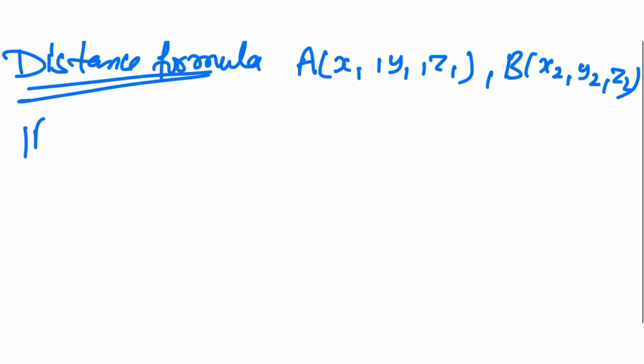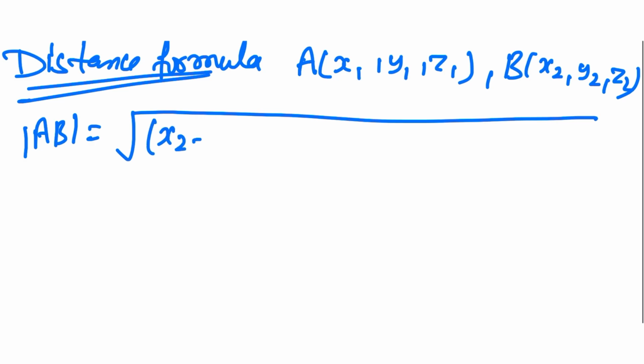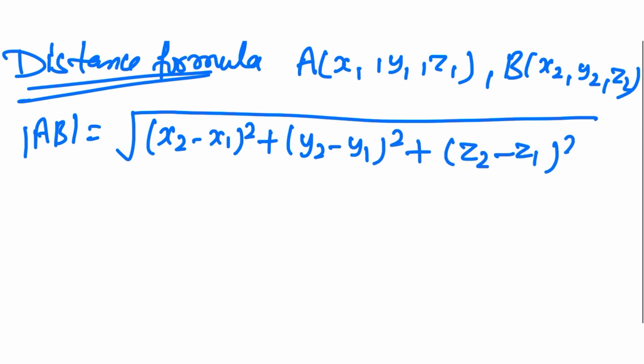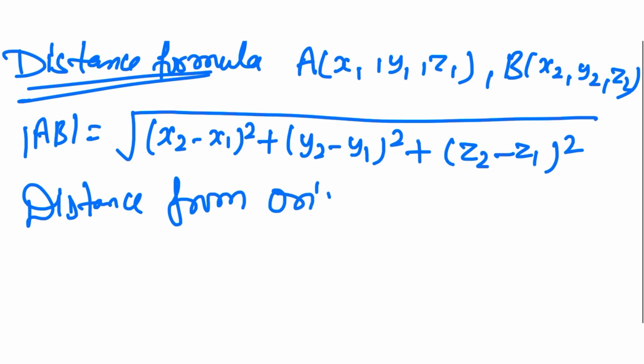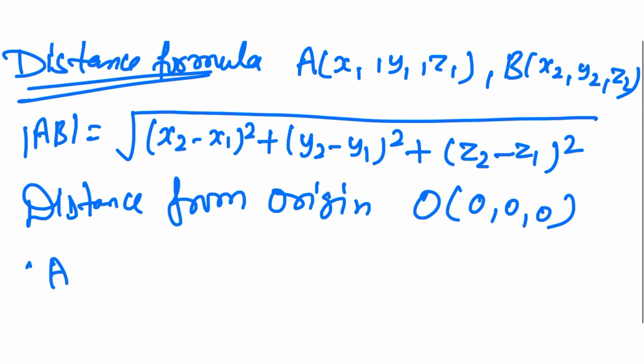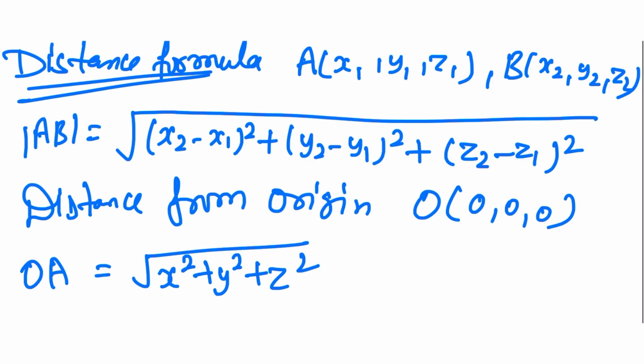So the distance AB is given by the square root of (x2 minus x1) squared plus (y2 minus y1) squared plus (z2 minus z1) squared. If the distance is found from the origin, the origin is 0, 0 and 0. So for another point A, OA is equal to the square root of x squared plus y squared plus z squared.